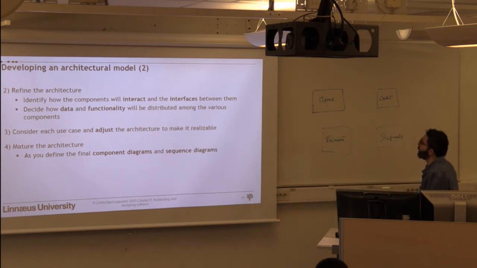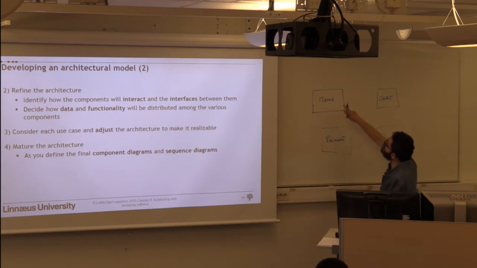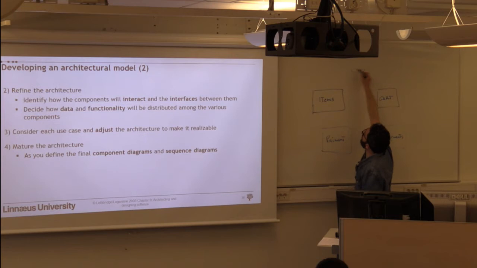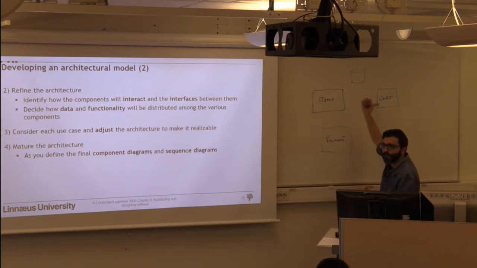And then you start thinking, these are the items, so the items might need a database, for example, where we store the items. Then the second step is to add a new subsystem for the data. And then you start highlighting the different interfaces.